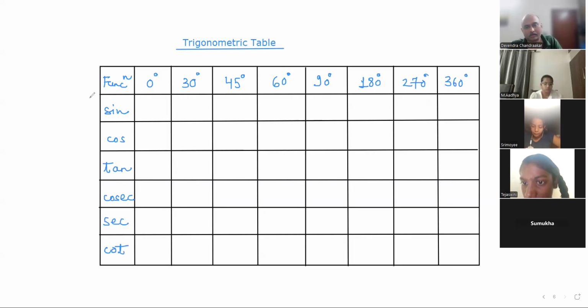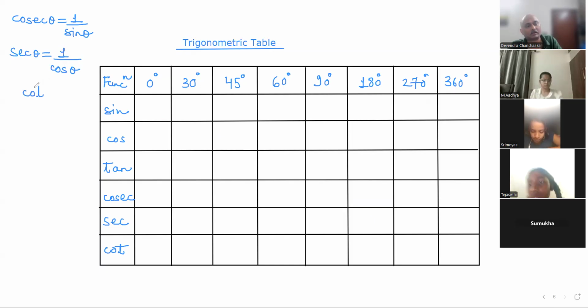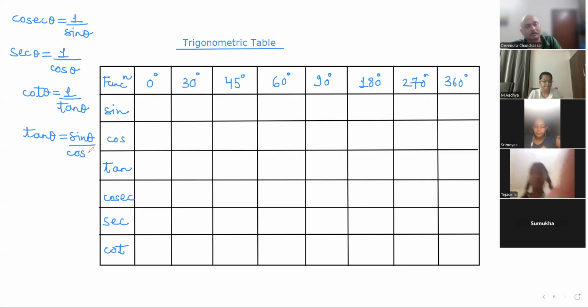Now, before I fill this, you should remember cosec theta is 1 upon sine theta. Sec theta is 1 upon cos theta. And cot theta is 1 upon tan theta. And tan theta is sine theta upon cos theta.